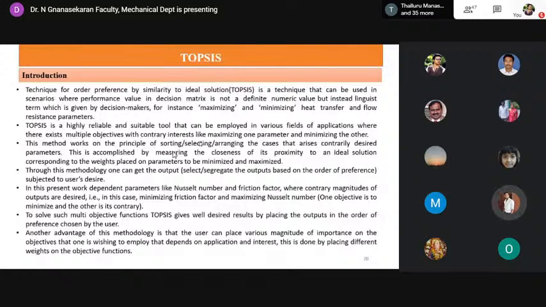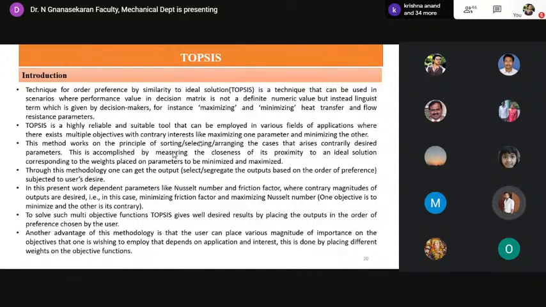The decision matrix is going to be in linguistic terms, and then the decision maker is going to decide what kind of parameters are involved, what kind of weightage is associated with these parameters, and finally he will come up with his own decision for maximizing and minimizing the given conditions.